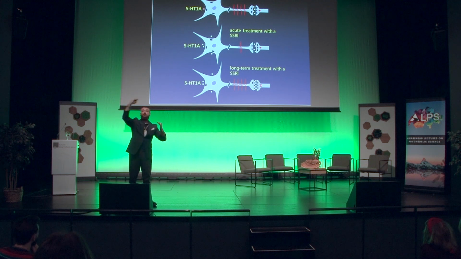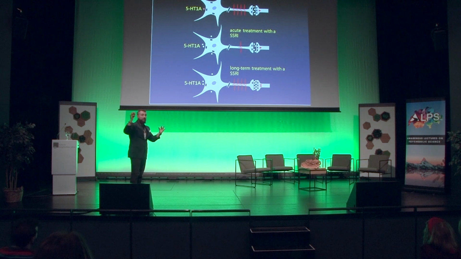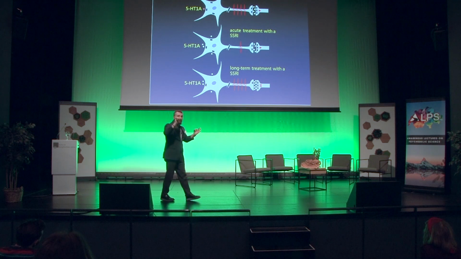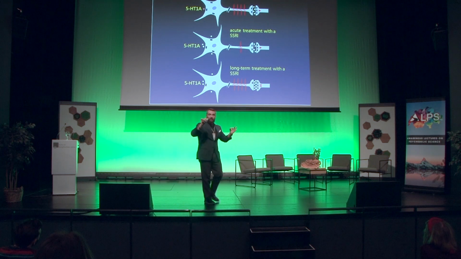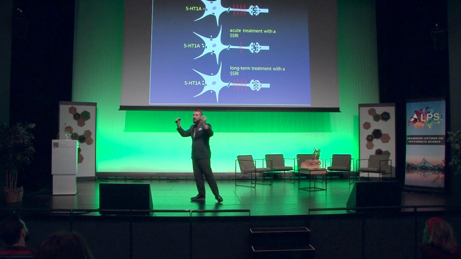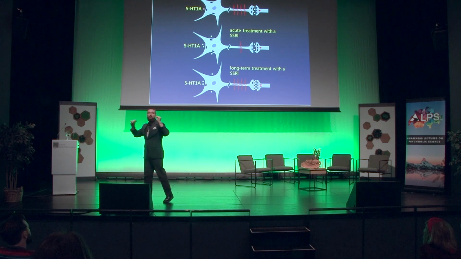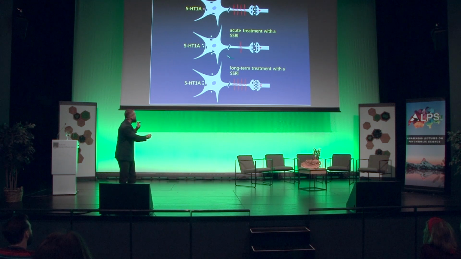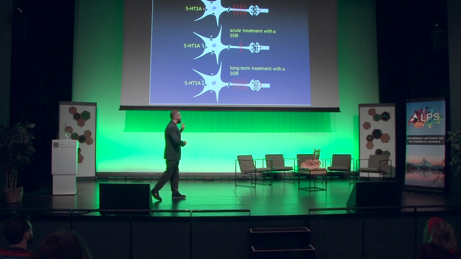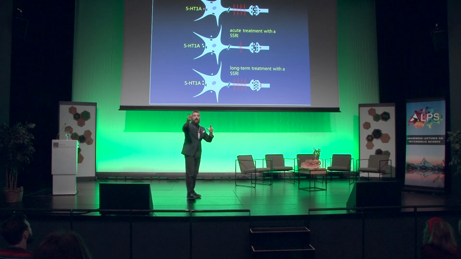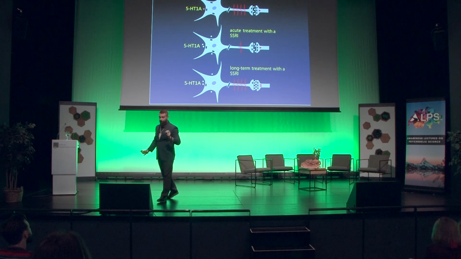So we have an enhancement of the neuronal activity, and that is why patients, when they start treatment with selective serotonin reuptake inhibitors, feel even worse at the beginning of their treatment: there is a shutdown of the initial firing rate activity of the serotonergic neurons, which doesn't occur when the treatment is chronic.